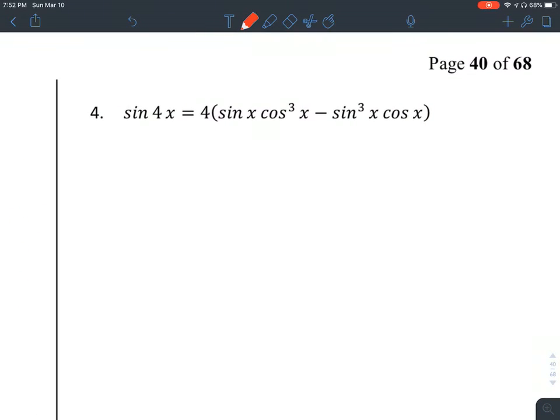Last one. This one looks interesting. Right side's obviously more complicated, so I'm going to start with it. I'm going to GCF a sine of x and a cosine out of these terms.